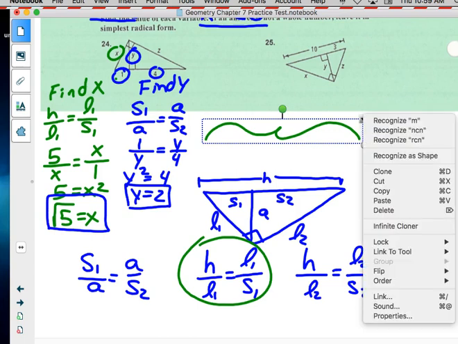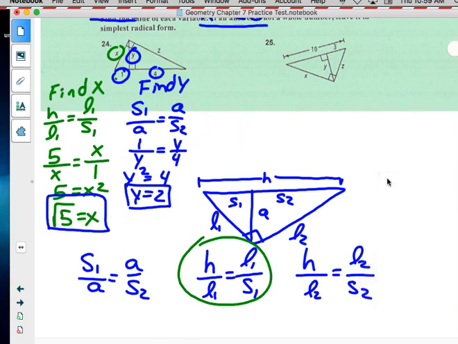In problem 25, I have the same situation. Now I'm going to be finding 3 different values in problem 25. I'm going to find X first, and we'll stay with green for finding X. This is leg 1. Okay, so I've got leg 1, H, and remember 10 minus 3 is 7. That's my S1. So I've got H, L1, L1, S1. H is 10.